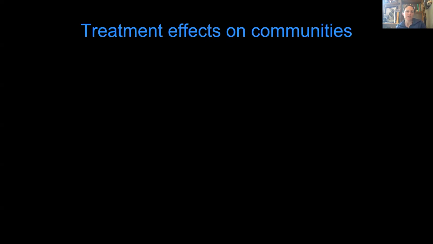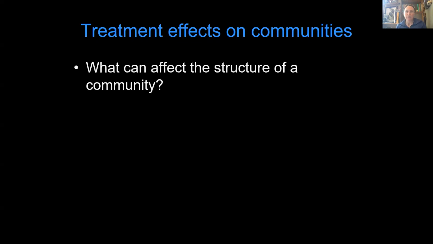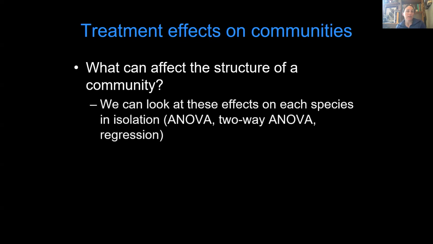Then you might be interested in a treatment effect on your community. So what can affect the structure of a community? Well, all kinds of things. And you could look at each of these effects on a single species at a time. You could use ANOVA or a t-test or a two-way ANOVA or a regression to look at how the number of mosquito larvae changes across some kind of gradient, or are there more mosquito larvae in natural ponds versus mitigated wetlands, right?